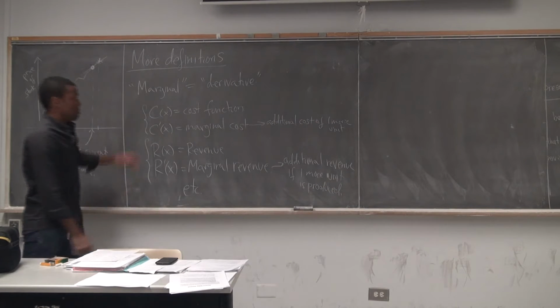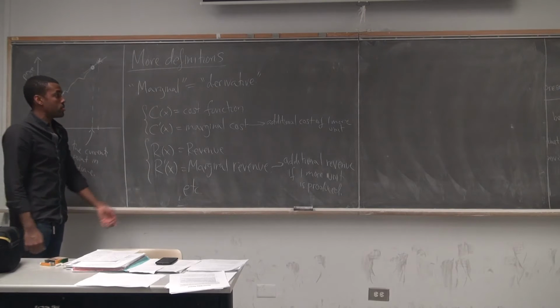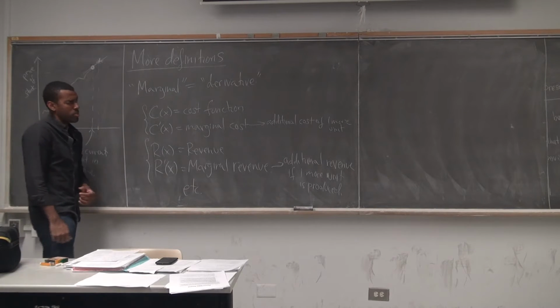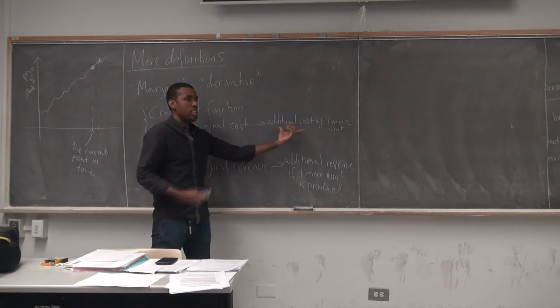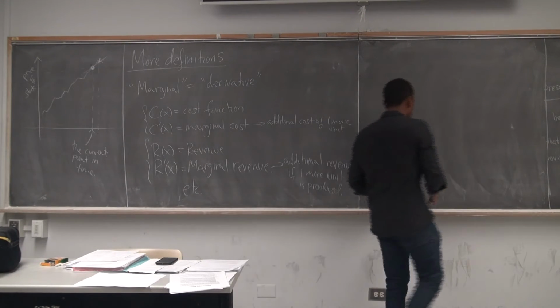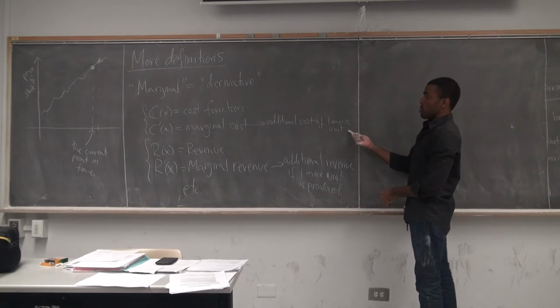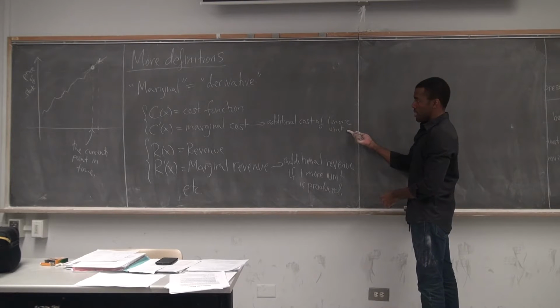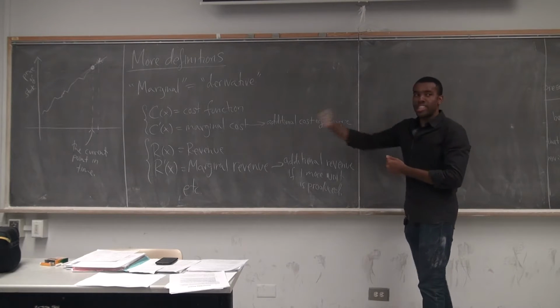Right? So marginal, you can think of it as derivative, and you can interpret the derivative in this context as the addition of one more thing. What will happen if I go one step further? Right? And you also have the idea that I didn't actually do it yet.